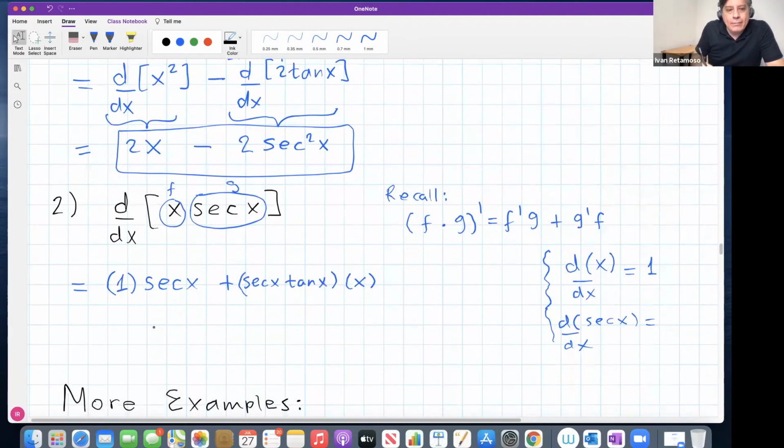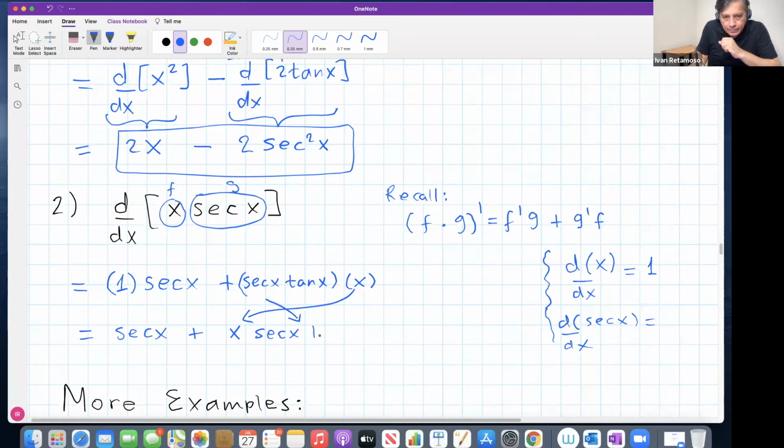All right, then finally, just simplify. 1 times secant of x is secant of x, plus, here, follow the agreement. Simple functions up front, complicated ones follow. That is how mathematicians present the final answers, right? Often follow that. All right, that's it.